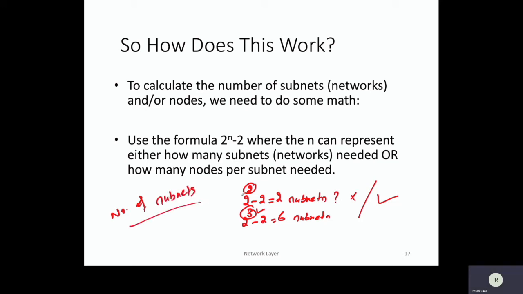But what is left in the host portion? 3 bits are borrowed and have become part of the network address, so 5 bits are left for the host addresses.